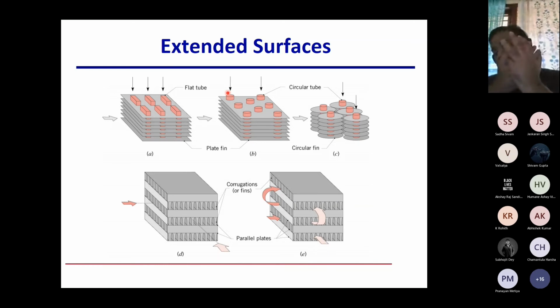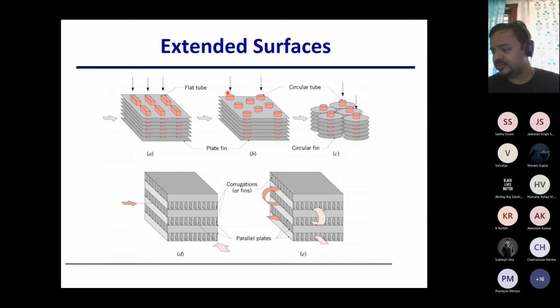But if I want to improve the surface area, then I can attach these fins, which we had studied before in conduction. These fins are attached to the tubes, maybe carrying the hot fluid. So they can conduct the heat out as well and increase the surface area across which heat transfer can take place. So you see flat tubes and circular fins, etc.